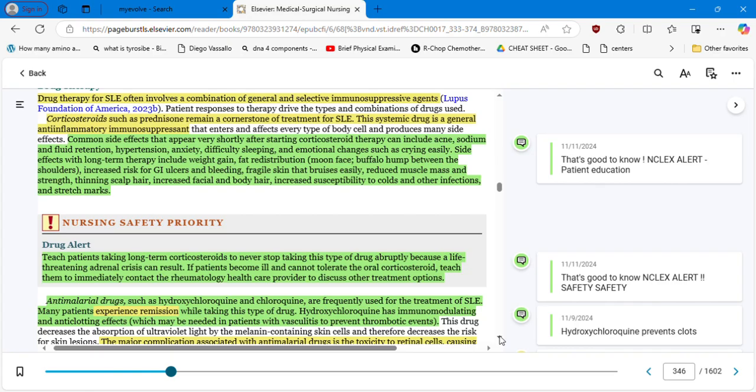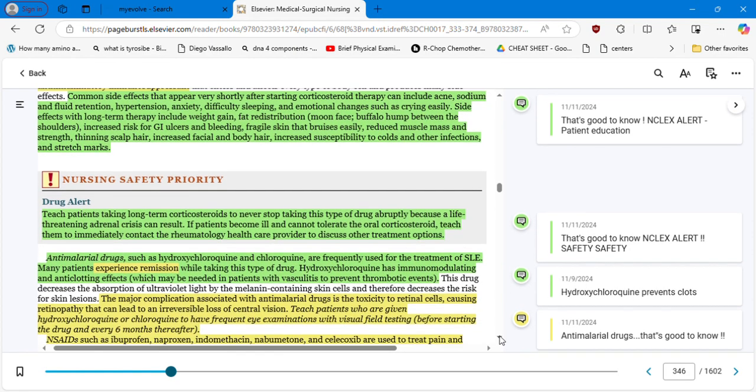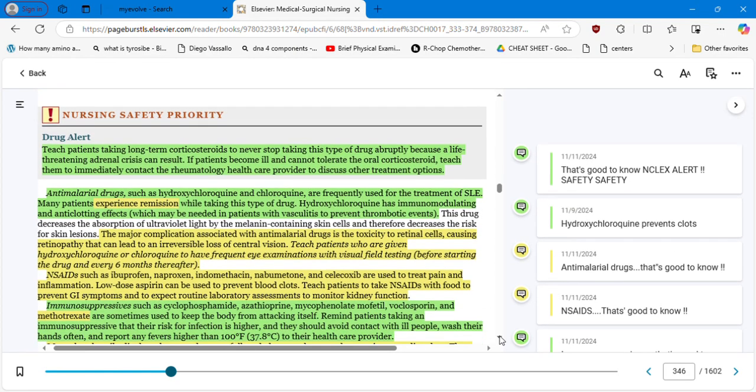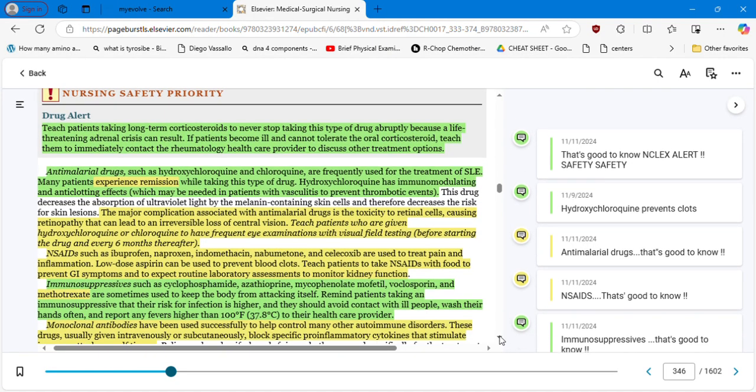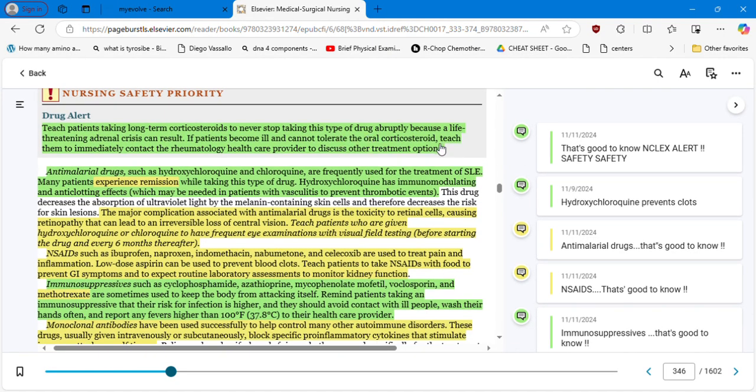And here the book forgot to tell us about hyperglycemia, a very common side effect of the corticosteroids, right? And the disease and the drug will mask infection because it's really reducing inflammation, so an infection is not going to be present under the use of corticosteroids, right? So then teach the patient about long-term corticosteroids to never stop taking this type of drug abruptly.